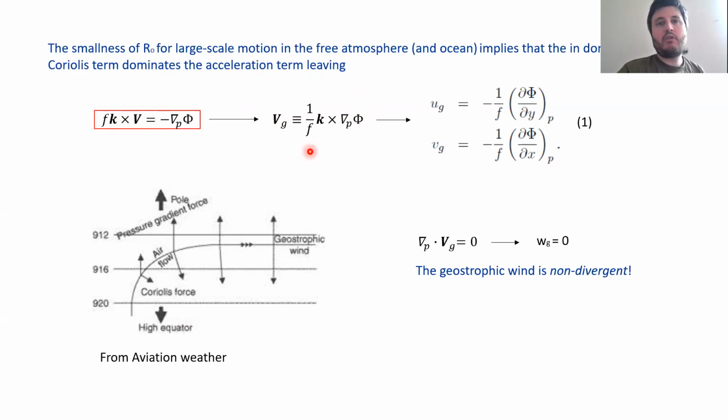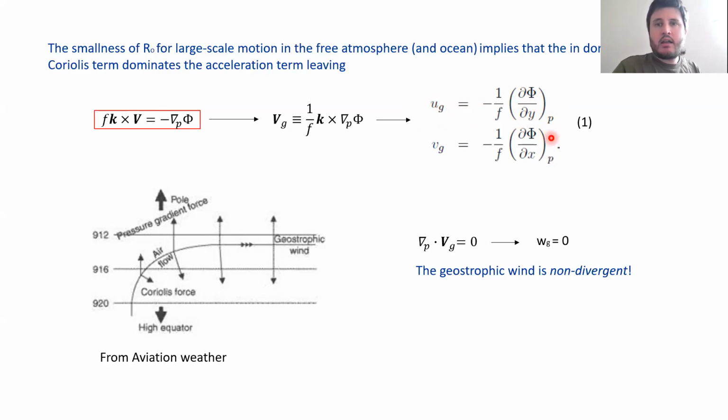Now we can just solve this equation for V, and we obtain an expression for the geostrophic velocity. This is the vectorial expression, and then we can get the components. We find that the zonal geostrophic velocity equals 1 over f times the partial derivative of geopotential in the meridional direction, on a surface of constant pressure.